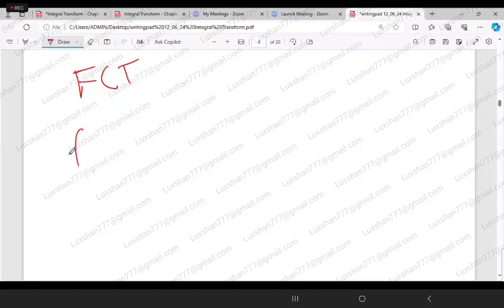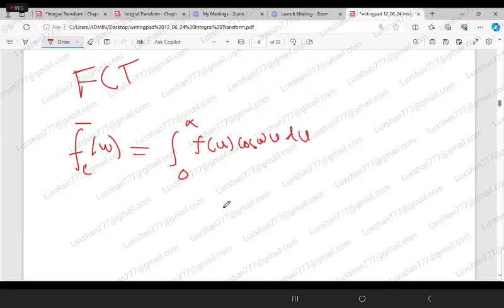So we'll use the same formula. F c bar omega is equal to integration 0 to infinity f of u into cos omega u du. That is the function.